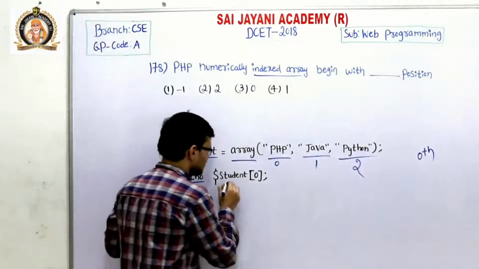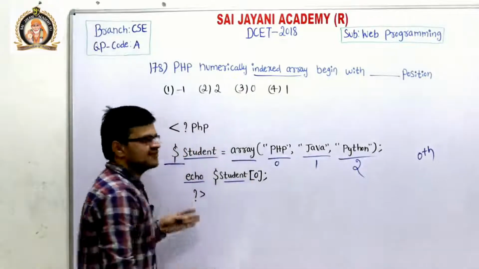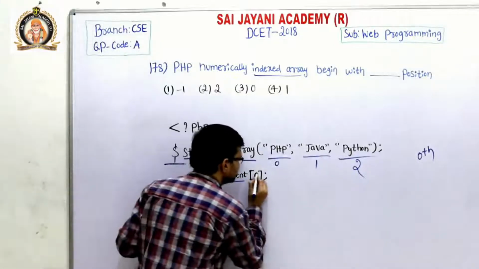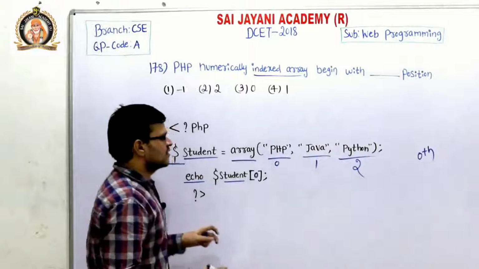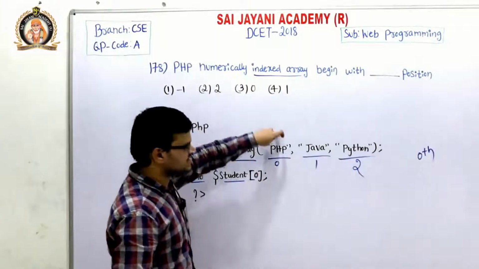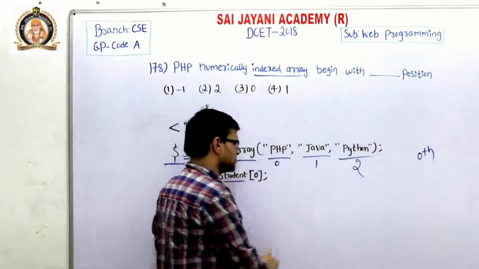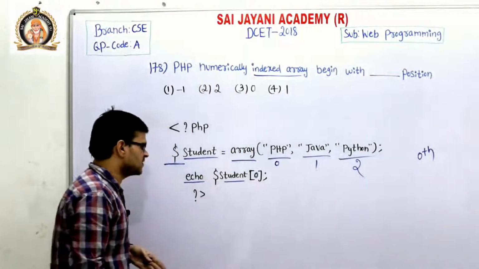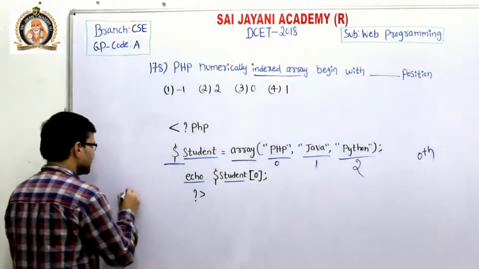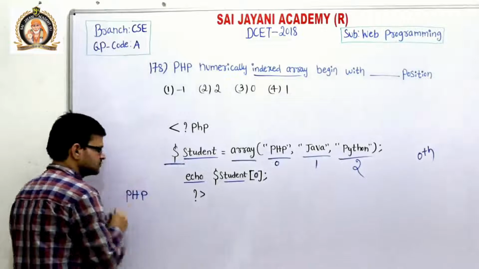In order to display the first array element PHP, we are using the output statement echo, and student is the array variable. In that we are using the 0th position because we want to display the first array element. For the first array element, its position is the 0th position, so we are writing 0 here. So in the output we get PHP.